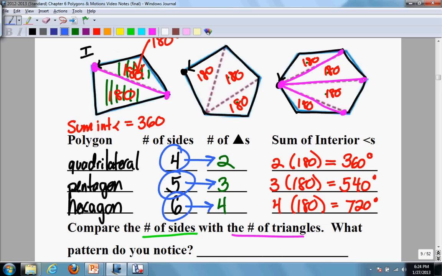I'd like you to think really hard. Don't just wait for me to give you the answer, but try to fill in that blank. What relationship do you notice between the number of sides and the number of triangles? Please ask yourself, what is that pattern from left to right? And try to fill that blank out.